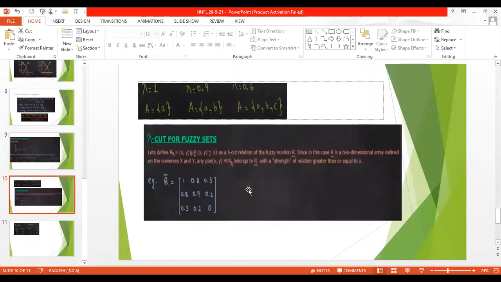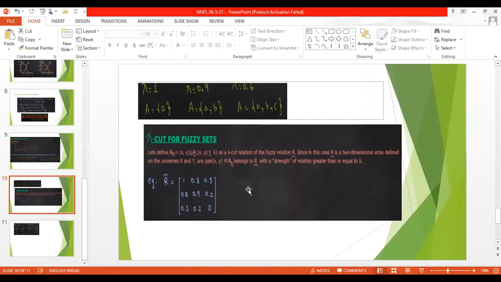In the lambda cut for fuzzy relations, let us define R lambda as the set of x, y for which the membership function of the relation at x, y is greater than or equal to lambda.